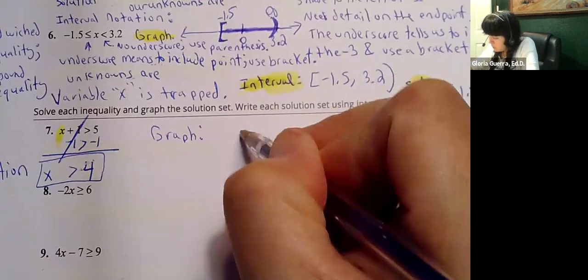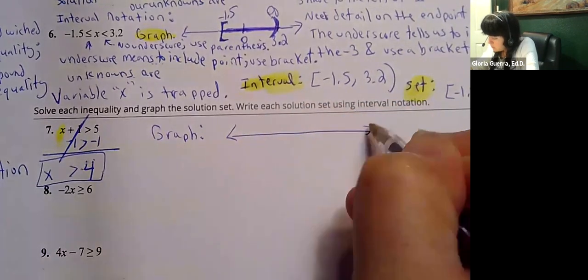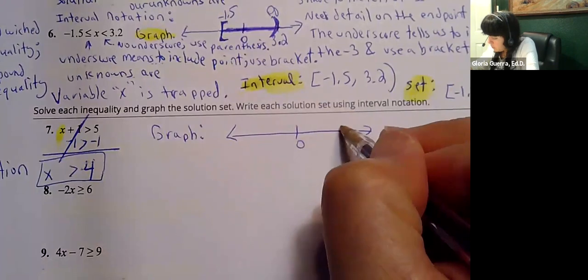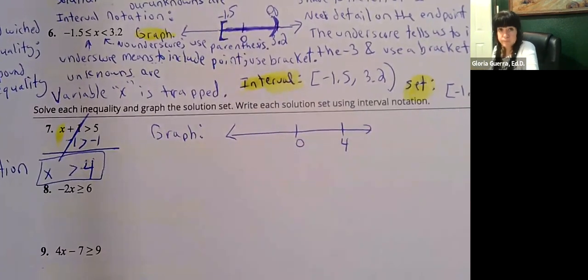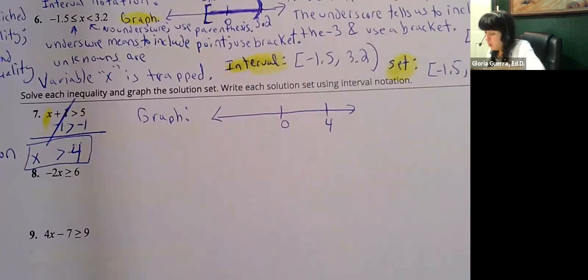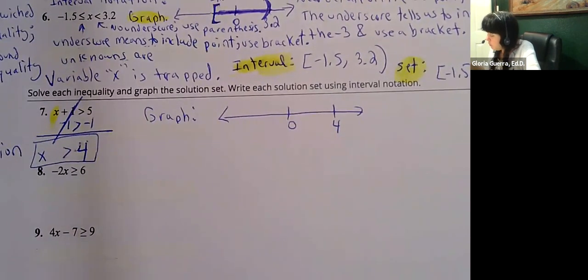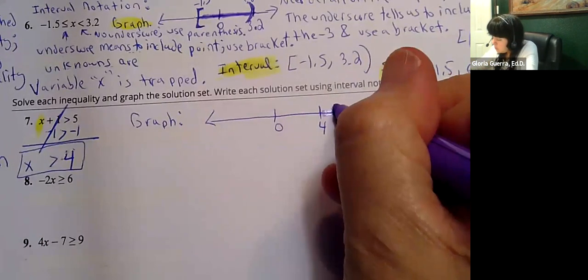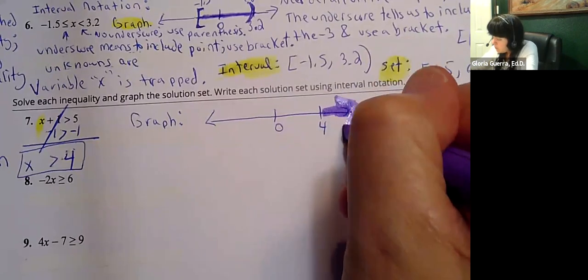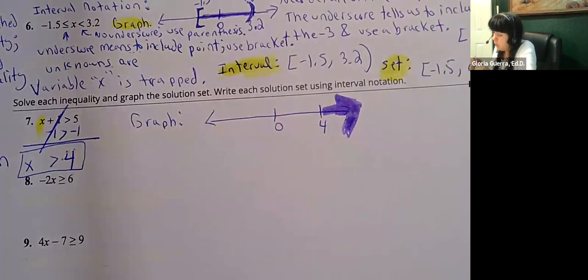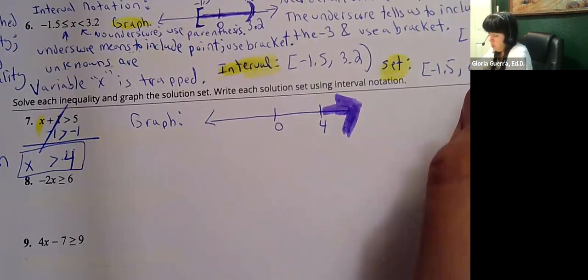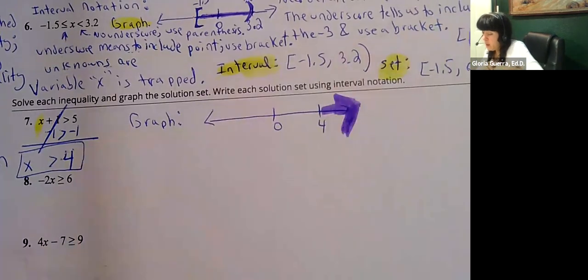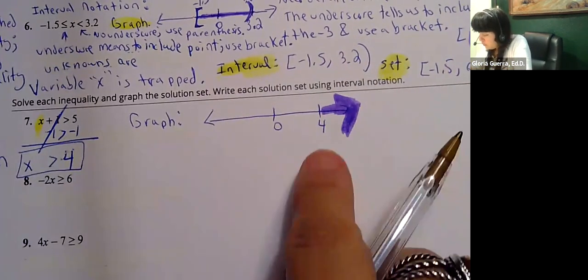So I'm going to draw a number line. I'm going to plot 0, and then I'm going to plot 4. And this is saying all your x's are greater than 4, so you would highlight the numbers that are bigger than 4. And you need detail on the 4.